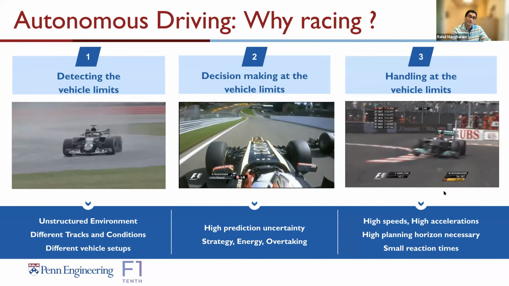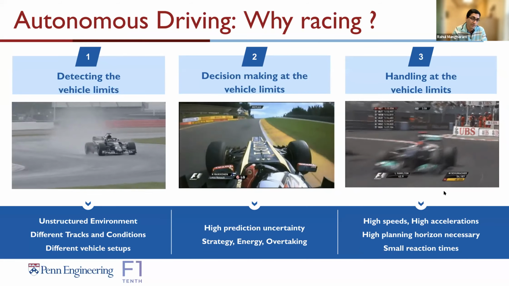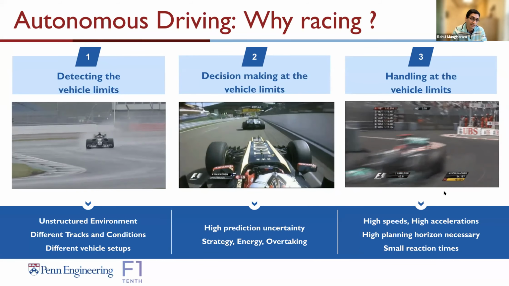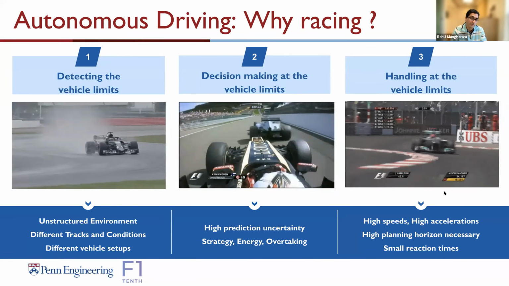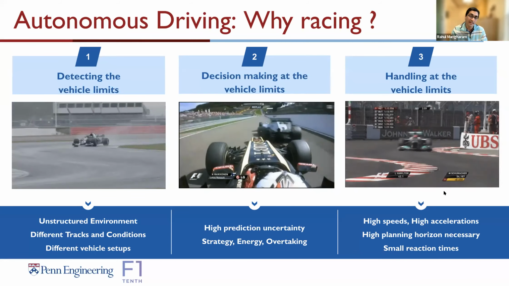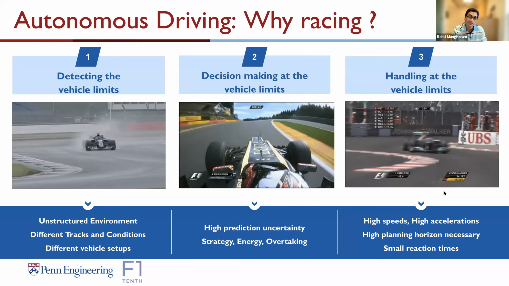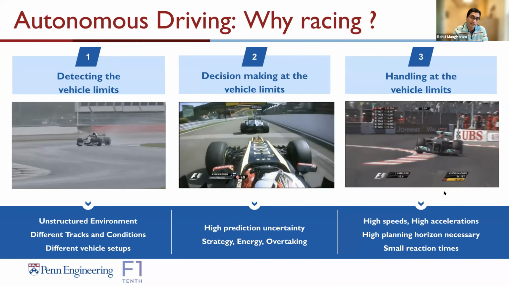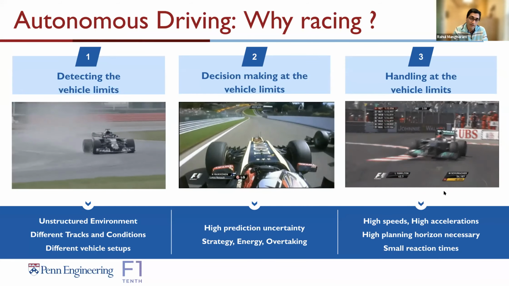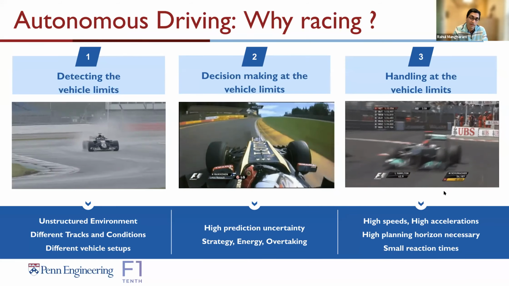You don't have lane markers, you don't have traffic lights, you don't have roundabouts and intersections or stop signs. You just have to go forward as fast as you can, right? Different tracks can have different conditions. And you have a lot of uncertainty in terms of how the other driver is going to drive. You are all aiming for the same goal, right?